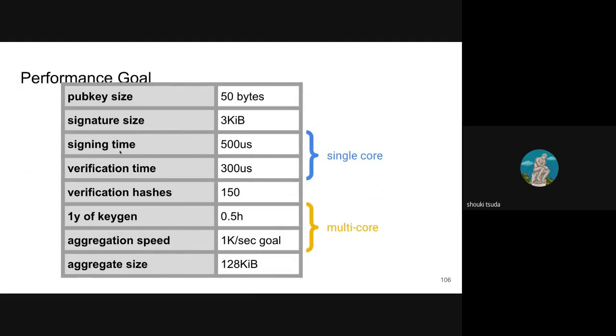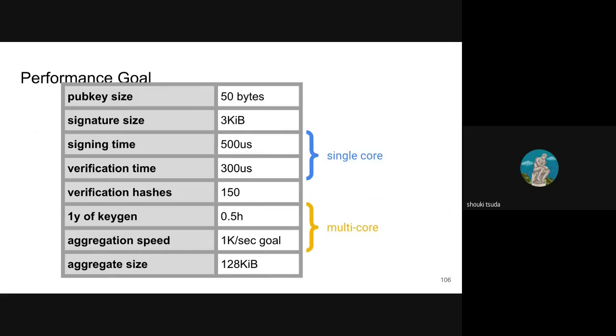So here is a recently achieved goal. This slide is from Justin Drake's talk. The important part is the aggregate size, which is 128 kilobytes, and the verification time and signing time, which is 100 microseconds.